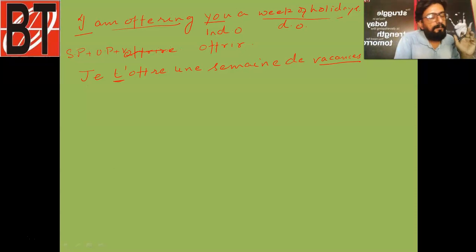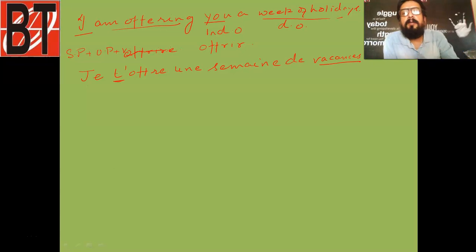Now the important thing to understand: indirect object pronouns do not show the gender of the person. So here I am writing you, so it is not showing any gender of the person. Now let us do a few examples in third person so that we can understand that the gender of the person, the way it is known in English, is not known in French, just like Hindi.